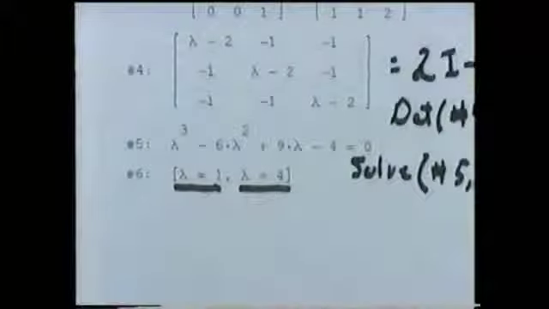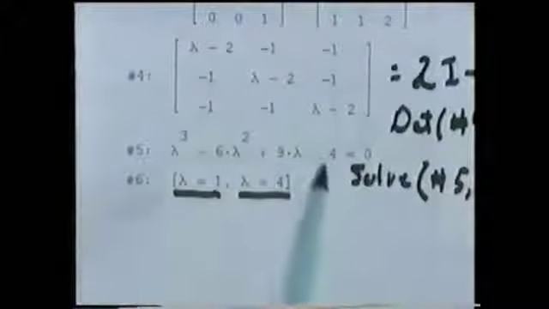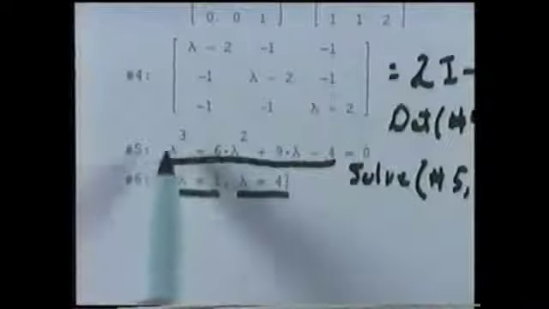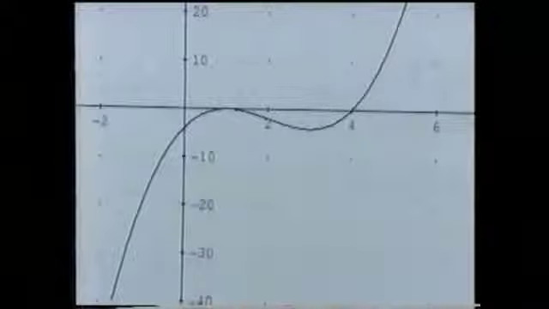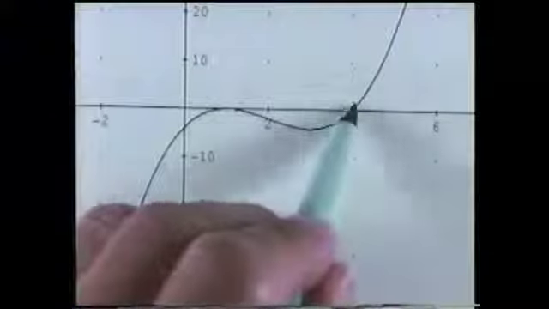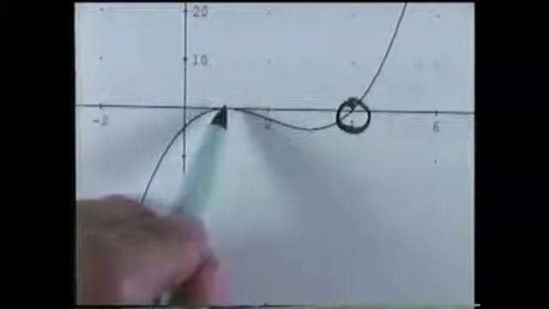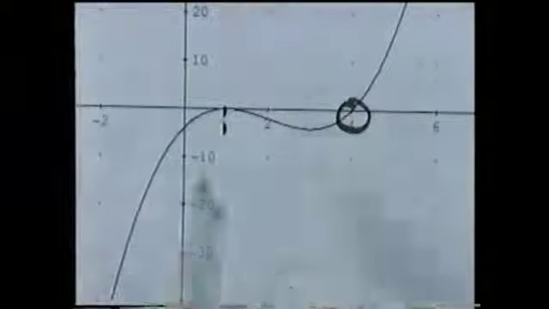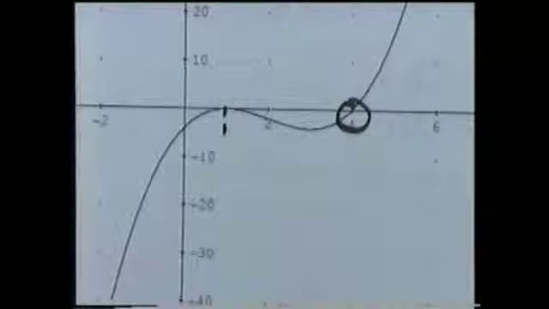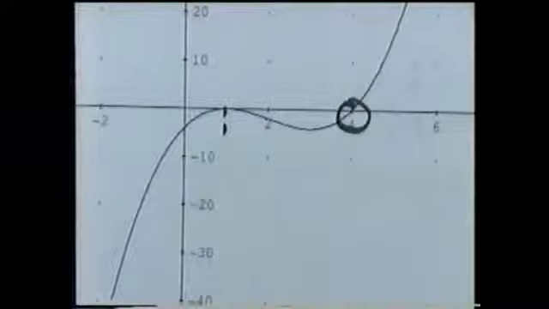So I need to find out which one it is. So I had Derive graph lambda cubed minus 6 lambda squared plus 9 lambda minus 4. And I can see that 4 is a distinct root, but 1 is a root of multiplicity 2.